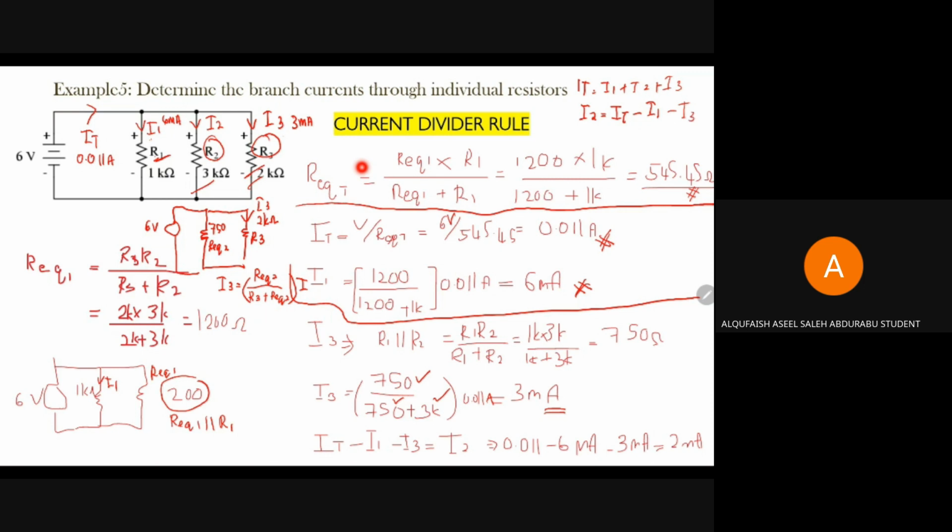So I total minus I1 minus I3 equals I2. So you got 2 milliampere for I2.